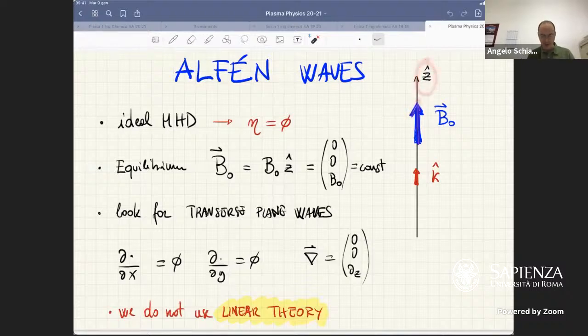In that case, the oscillating and propagating quantities won't have any dependence on X and Y, so the nabla operator can be reduced to a very simple formula where we don't have the partial derivative with respect to X and Y. The only partial derivative that is acting is along the Z direction.